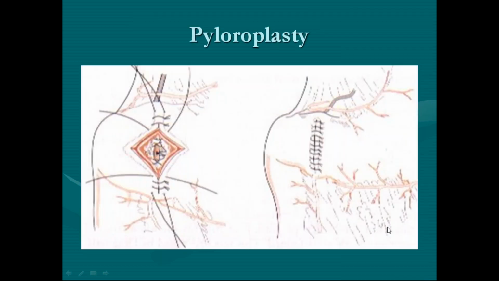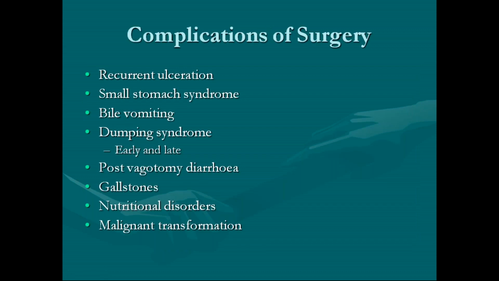Okay, this is about Billroth 2. And in this slide I have already told about the drainage procedure pyloroplasty. You will section the pylorus longitudinally and you will suture it transversely. Okay. Then these are the different procedures of gastric ulcer or peptic ulcer management.